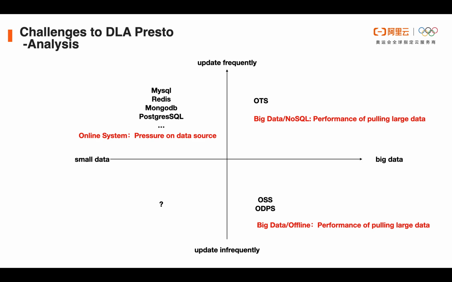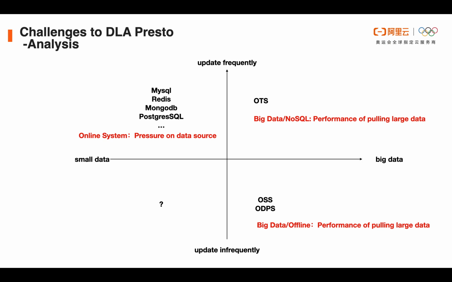And we found that the data sources with small data size and updated frequently, such as MySQL and Redis, are usually used in the online systems, so users care about the pressure caused by Presto because they do not want to affect the online system.